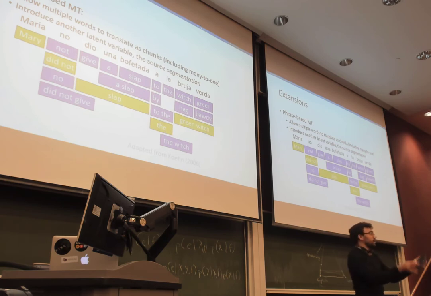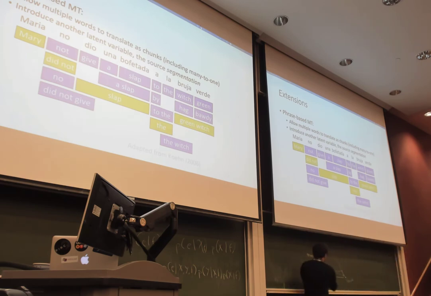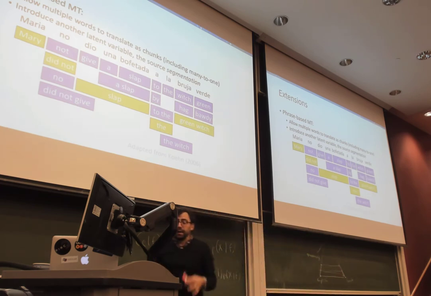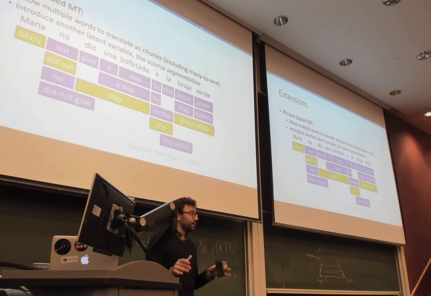But these words by themselves have different meanings than "give a slap" or "slap." So when you're doing phrase-based translation, like what we have been doing, you are closer to that representation of meaning, and then you translate the phrases, and then you can go down to French again. The ideal thing would be to go all the way up to here, and not have to rely on anything symbolic, but we're not there yet, so there's still lots of work for you guys to do in the coming years.